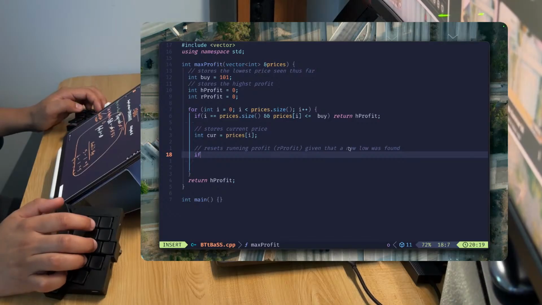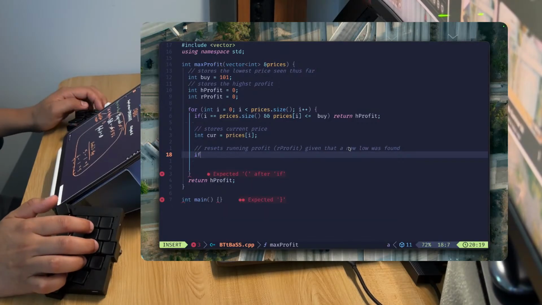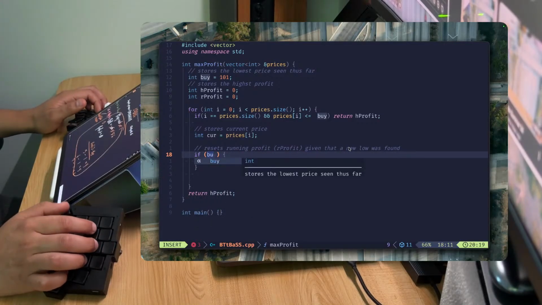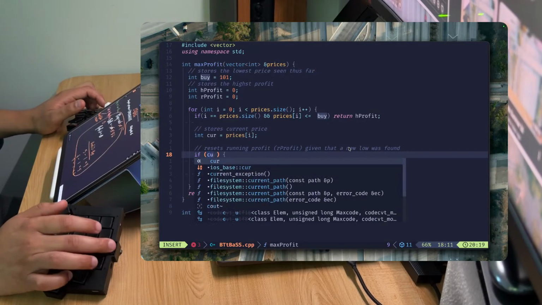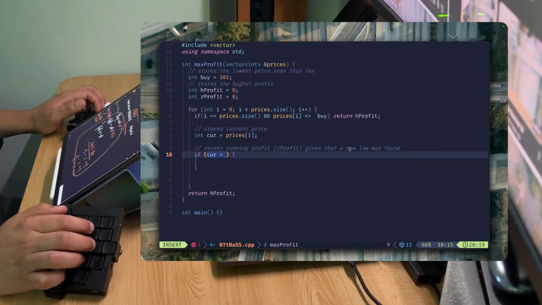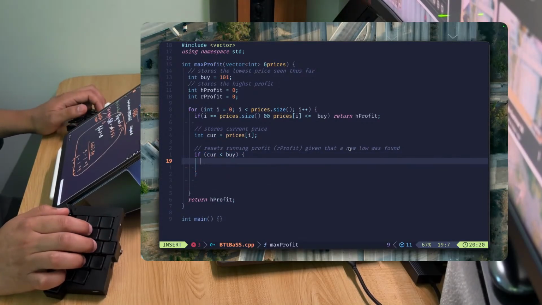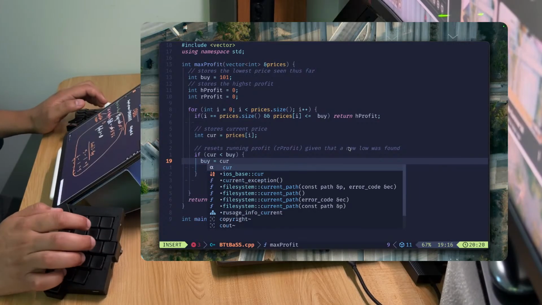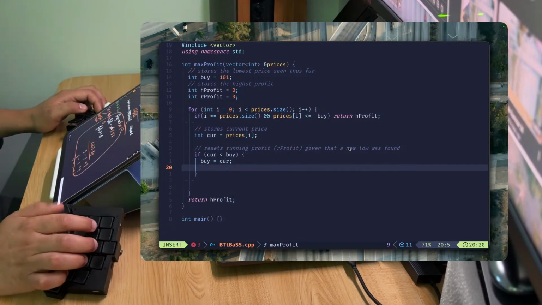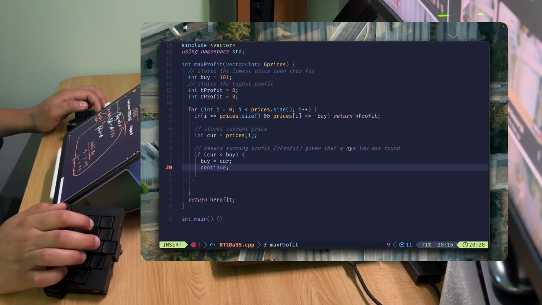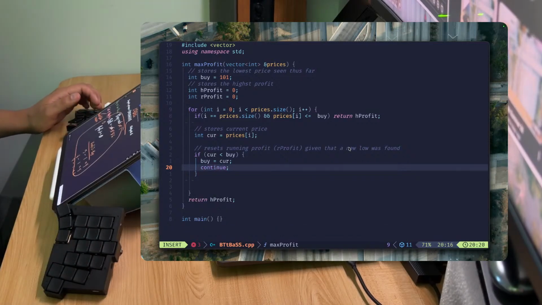Yeah, so we could say if current is less than buy, then we can say buy is equal to current, new lowest price, and then we continue. Is it continue or break? I think it's continue.